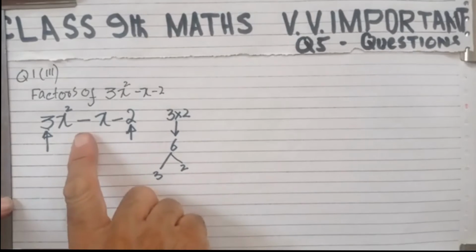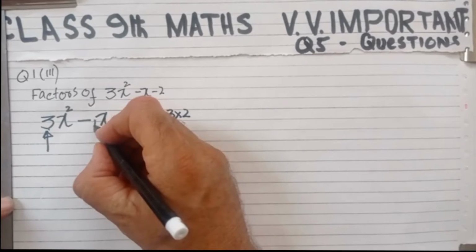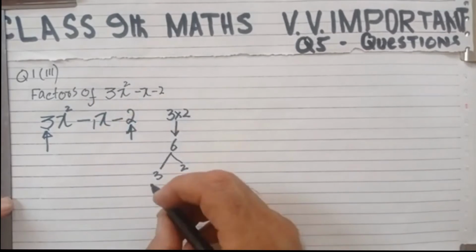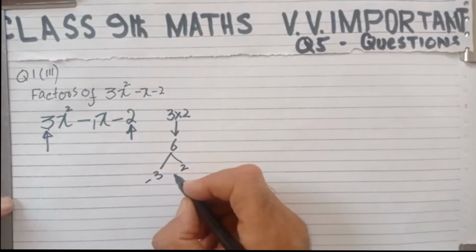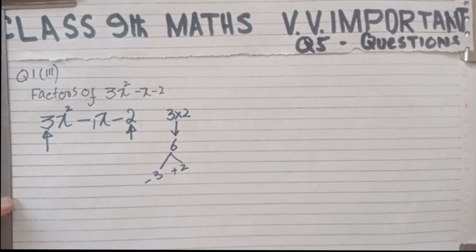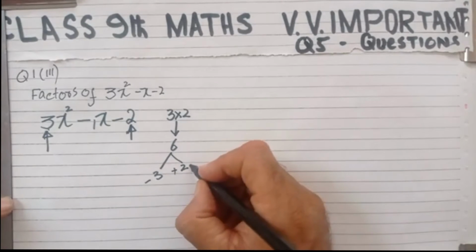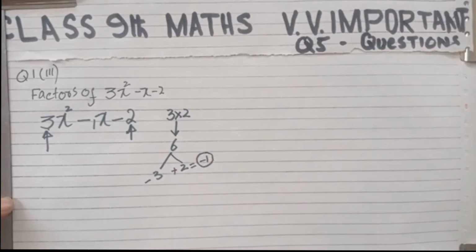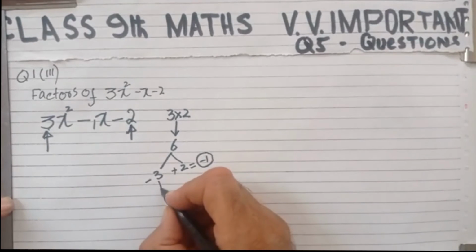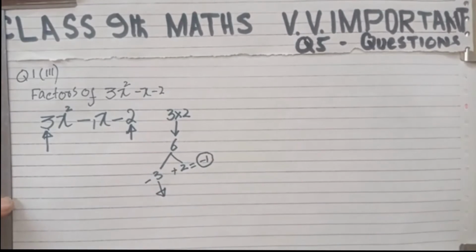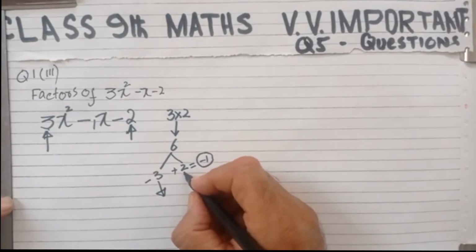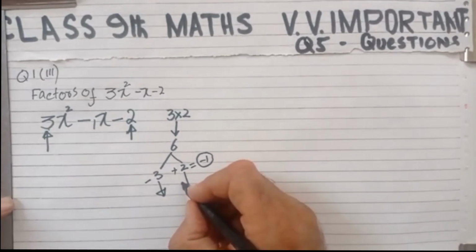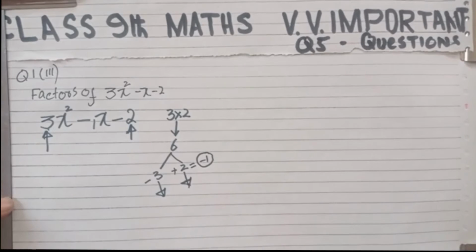Now here is minus 1x, so 3 will be minus and 2 will be plus. Then I will be getting minus 1 over here, because 3 is a greater quantity and 2 is a lesser quantity.